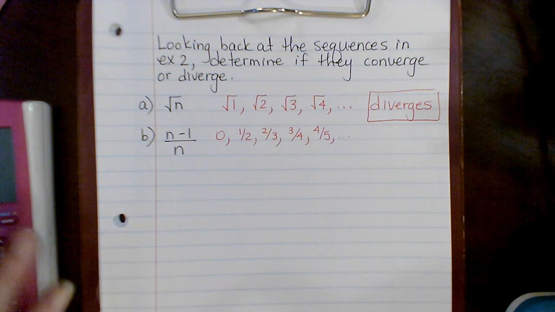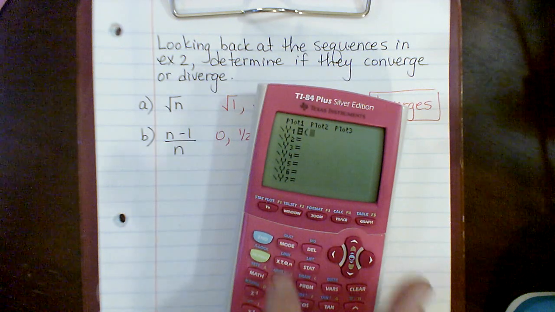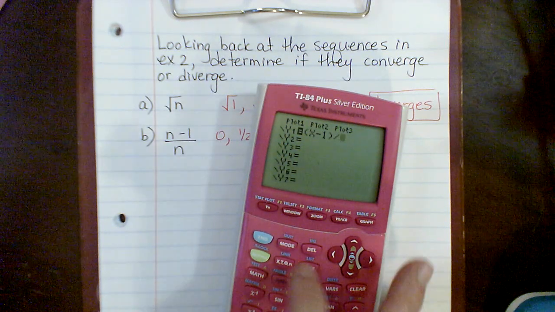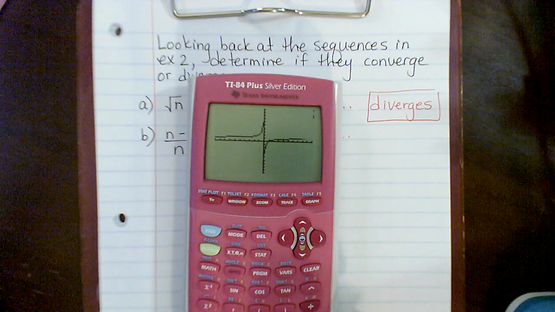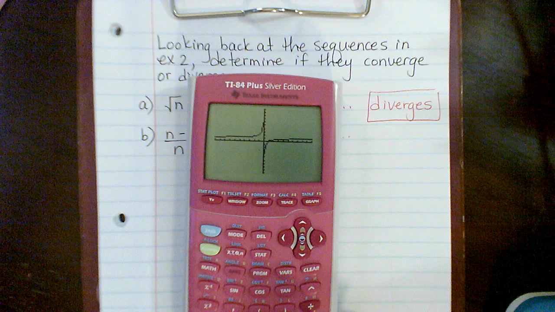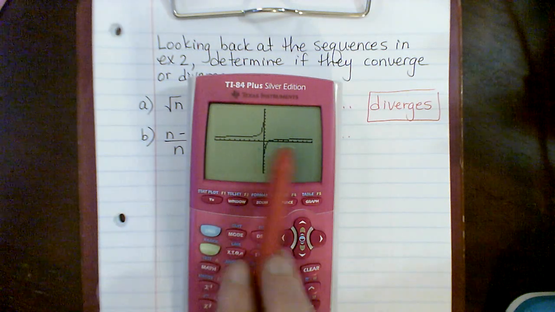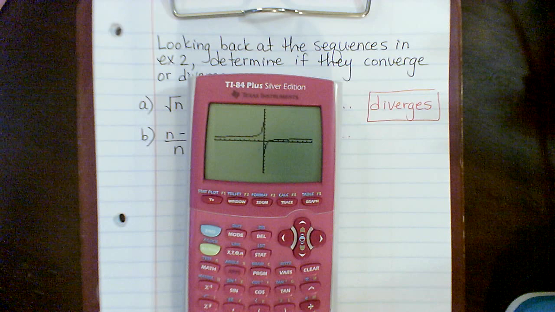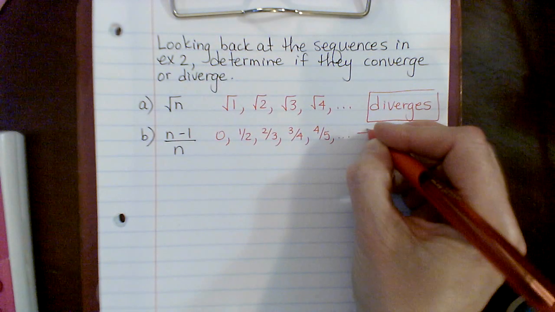If you wanted to graph it and look at the continuous version of it, you could. So it looks like that. Can you kind of see that it really seems like it's got some kind of a horizontal asymptote going on here? And it does. In fact, this converges to 1.